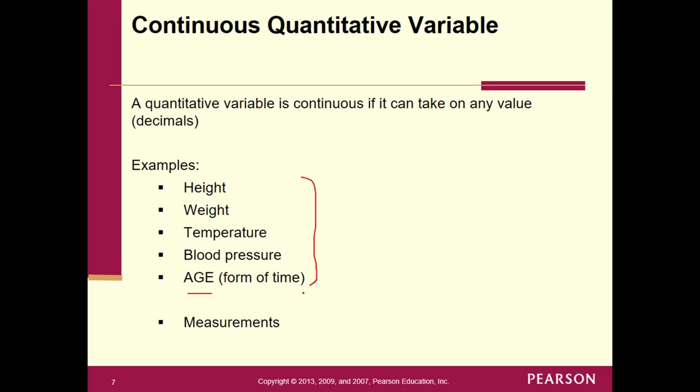We as humans only count 0, 1, 2, 3, 4. We don't count 98.6 or a weight of 160.4. We have to measure those. So if it's a measurement and you can add a decimal to it, it's probably continuous.